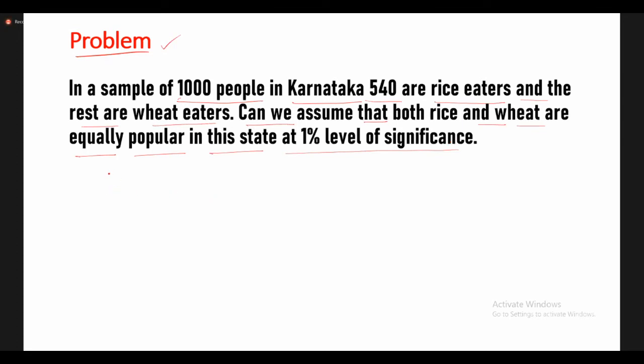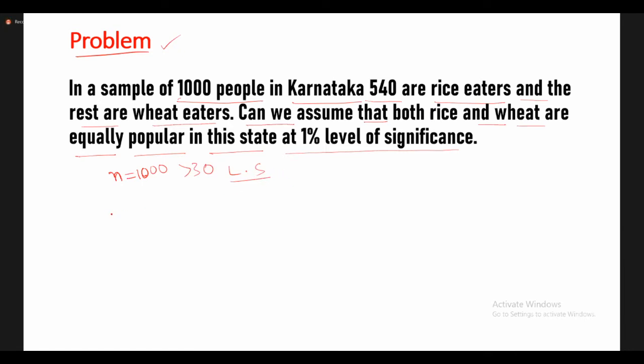First, all of you observe what is the sample size. 1,000. That means it is a large sample or small sample? Greater than 30, large sample. Are they discussing about mean in this one?